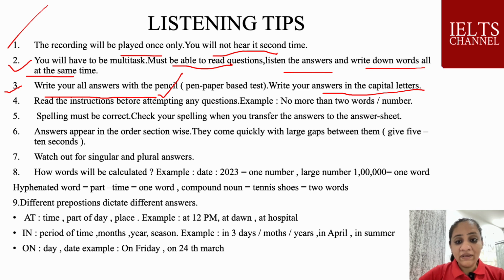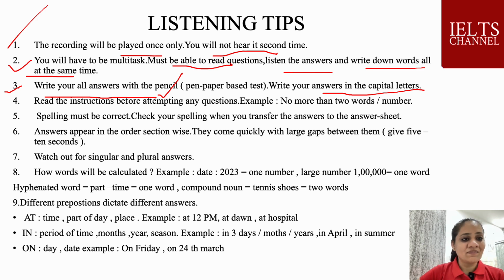Sometimes, if in question number 1 the first blank is given, the first letter should always be capital, but in a hurry if I write it small, my answer would be wrong. So I have to save my one mark. To get the maximum band, I have to write all my answers in capital letters.